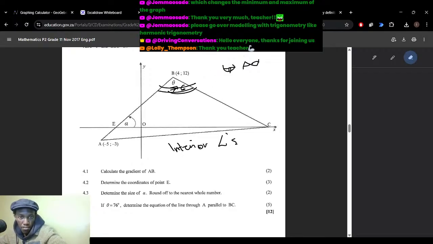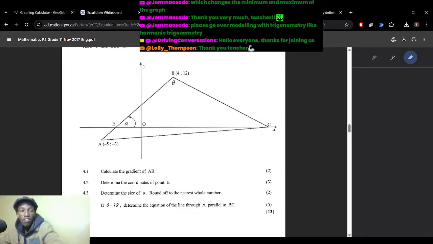So we know that for a fact. But now we know that parallel lines on the Cartesian plane have what in common? They have what is called the same gradient. So let me just redraw this line.